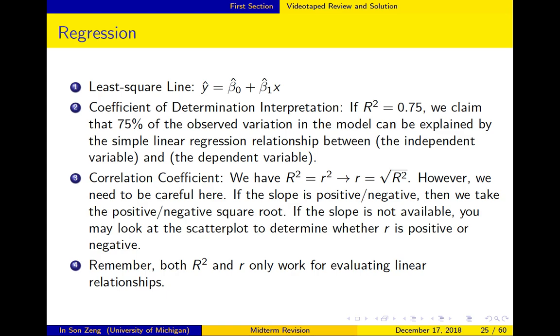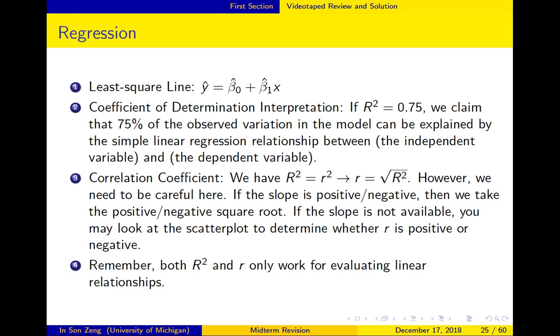For the correlation, we have the correlation r, where squaring r equals r squared. So we should say r is the square root of r squared. But if you think about this, you may be missing something, so we need to be careful here. We have to look at a scatter plot.